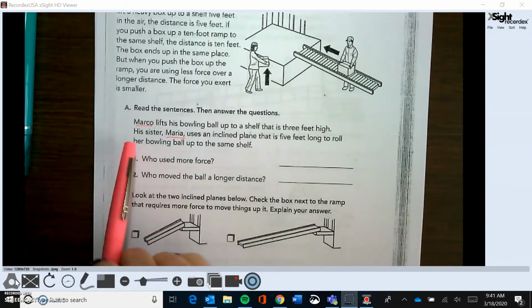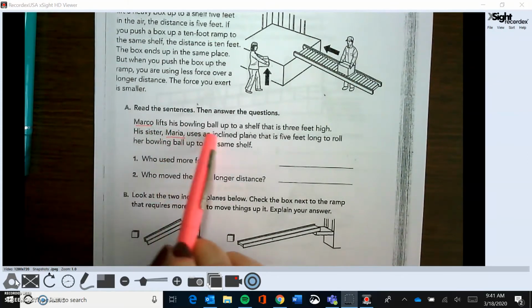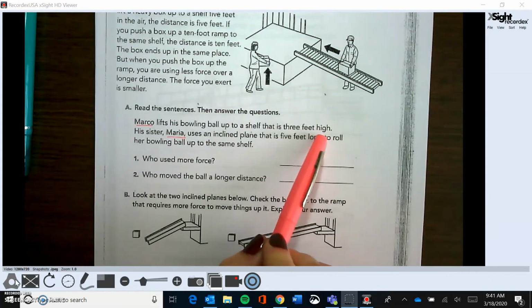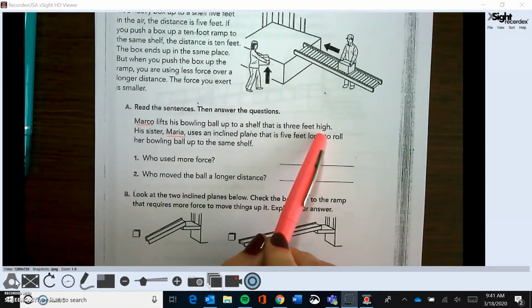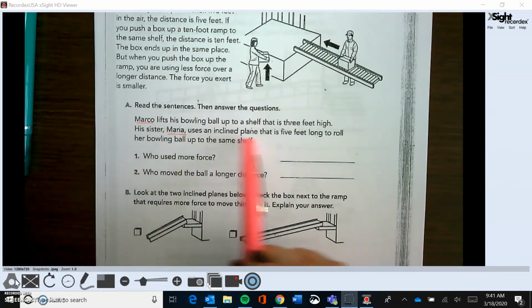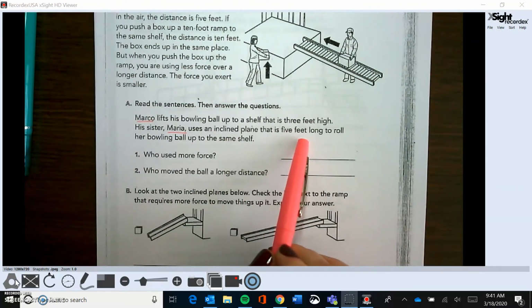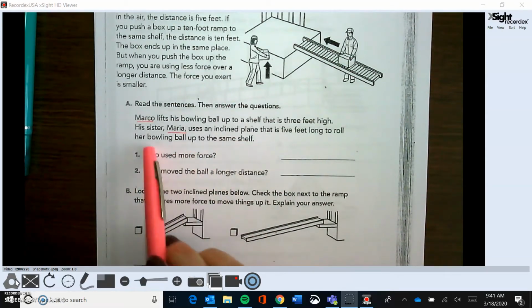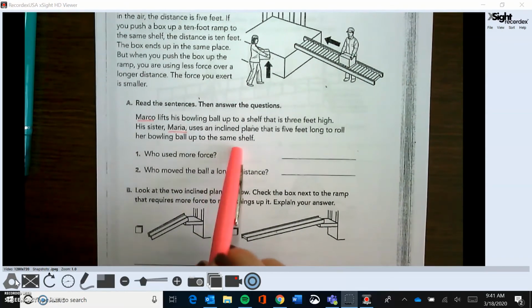So let's think about it. Marco lifts his bowling ball up to a shelf that is 3 feet high. So imagine him lifting that bowling ball over his head to put on a shelf that is 3 feet high. His sister Maria uses an inclined plane that is 5 feet long to roll her bowling ball up to the same shelf.